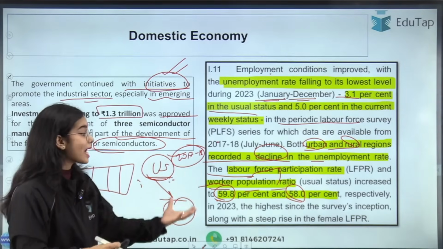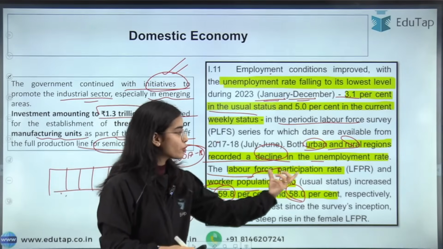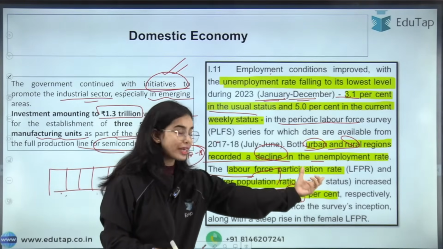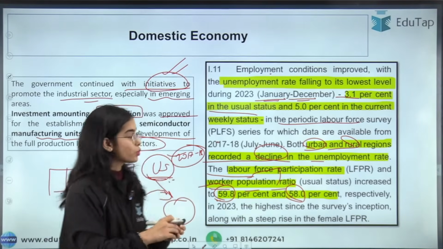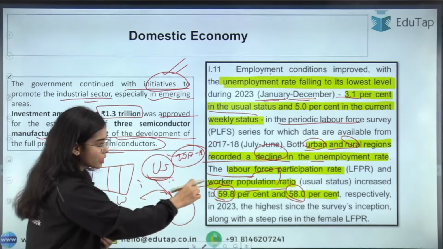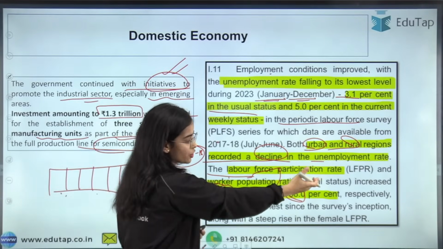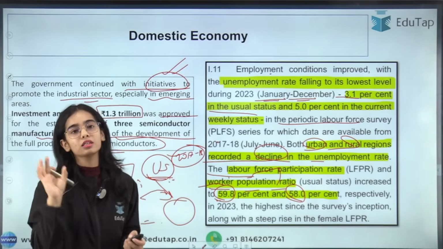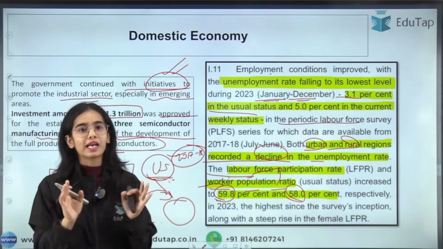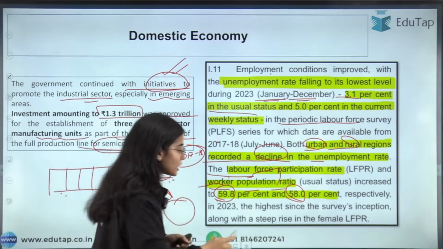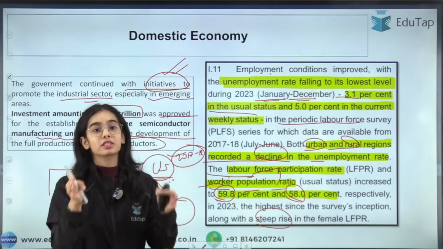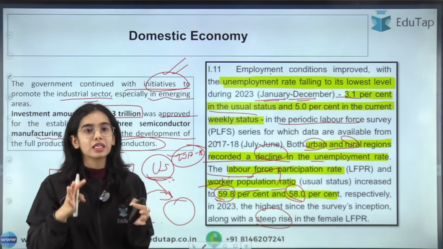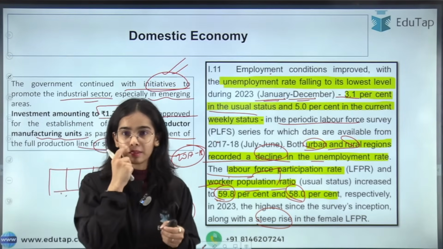From then, the highest labor force participation rate and the highest worker population ratio have been seen, with a huge rise in the female labor force participation rate. So the females are participating in the labor force more, and that has also increased.